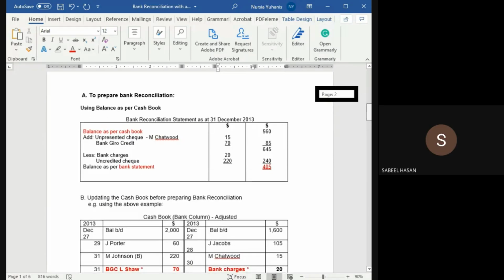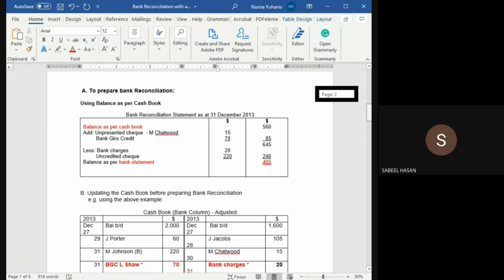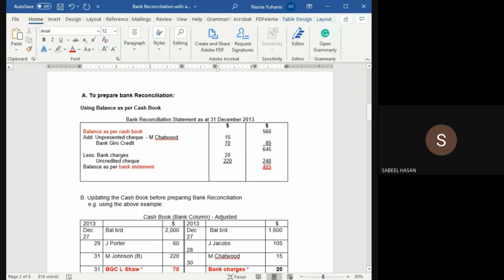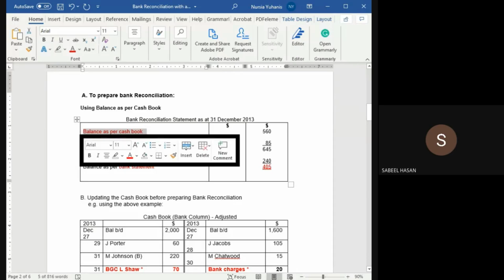Okay, prepare bank reconciliation. There are two ways. Either you use as per cashbook or you use as per bank statement. Either one is acceptable. So let's say you use your cashbook. If you use as per cashbook, then you will start with balance as per cashbook.